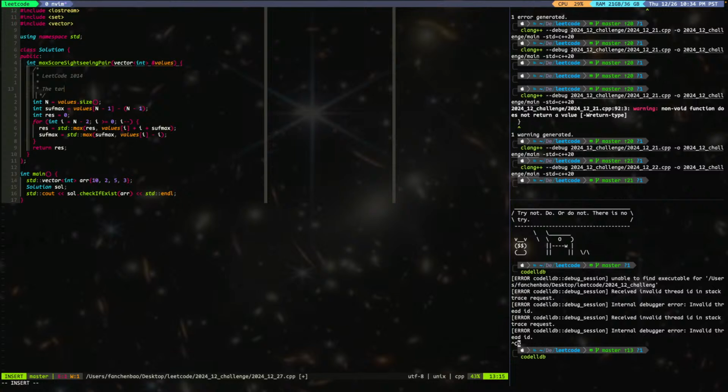The target sum that we want to find can be rearranged to values[i] plus i plus values[j] minus j.